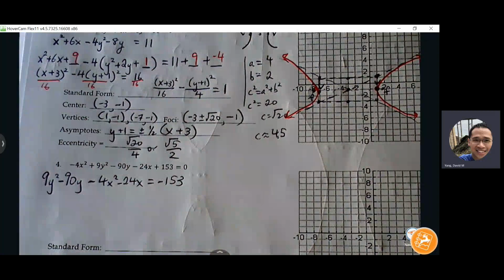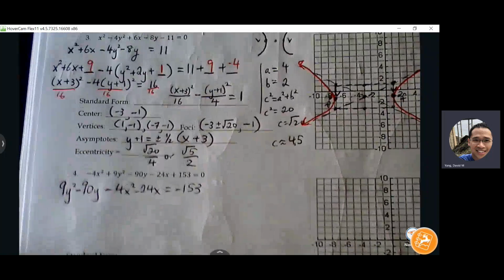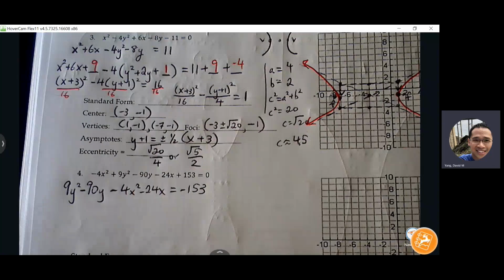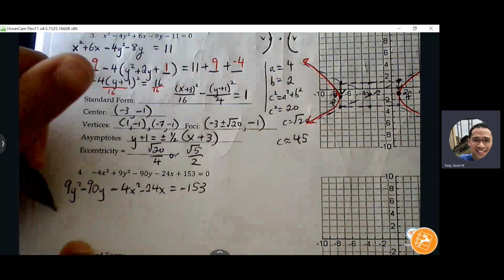Okay, so now you're gonna go through your complete the square process. I'm sorry, GCF and then complete the square. So have you guys try it and I'll work through it at the same time that you guys work through it.